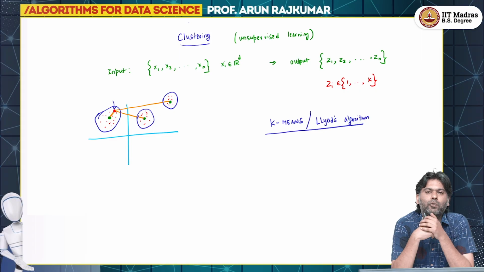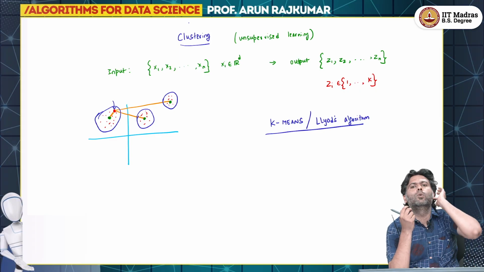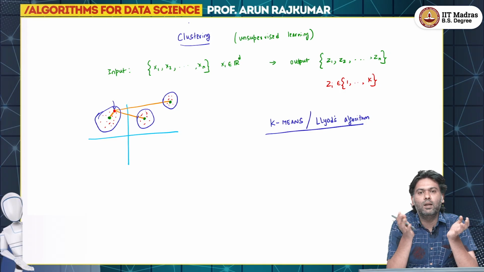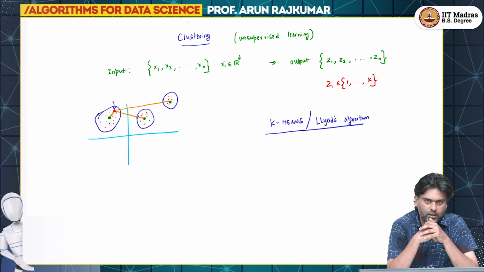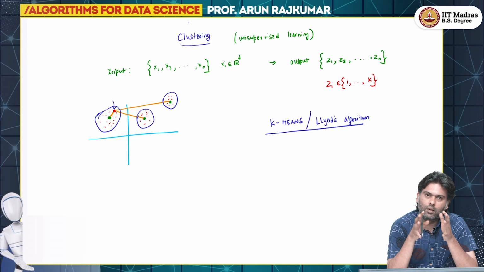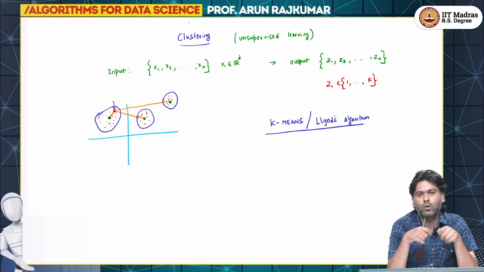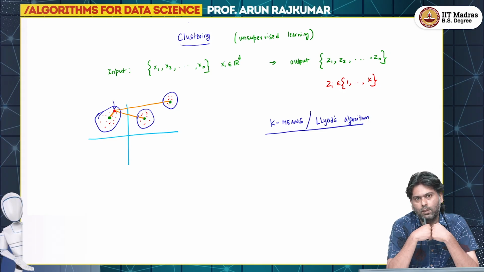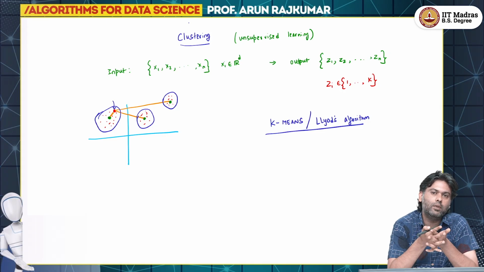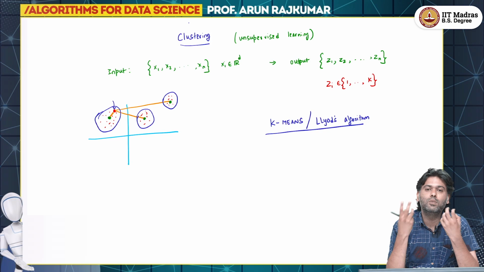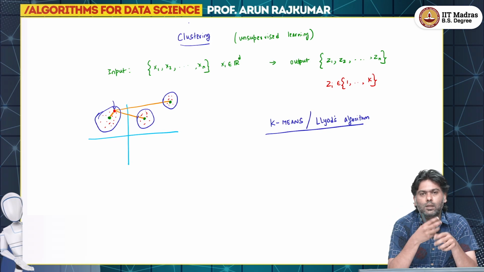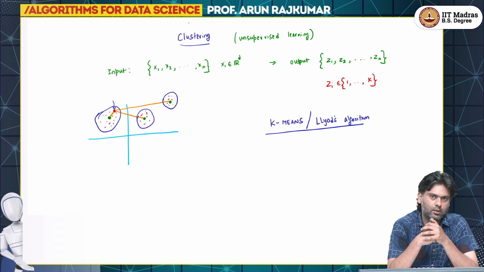We don't know the representatives a priori, so you start by randomly picking 3 representatives in your data set, and then clustering the data points based on your current guess for these representatives. Once you do the clustering, the representative that comes out of this clustering is just the centroid of each of these clusters.